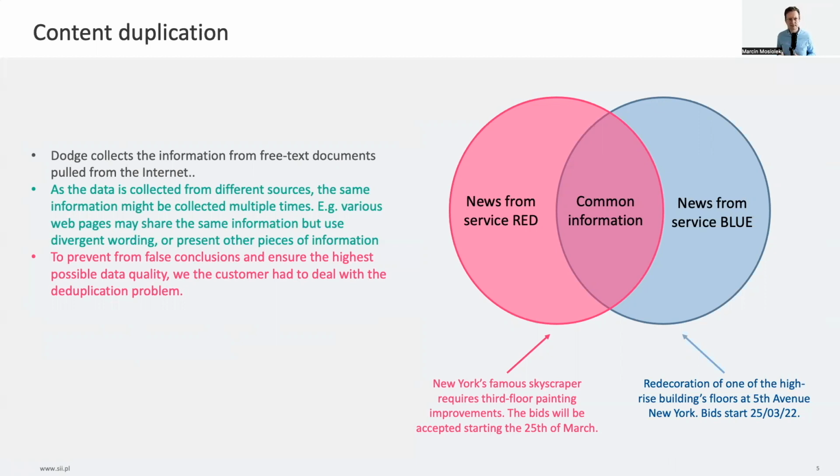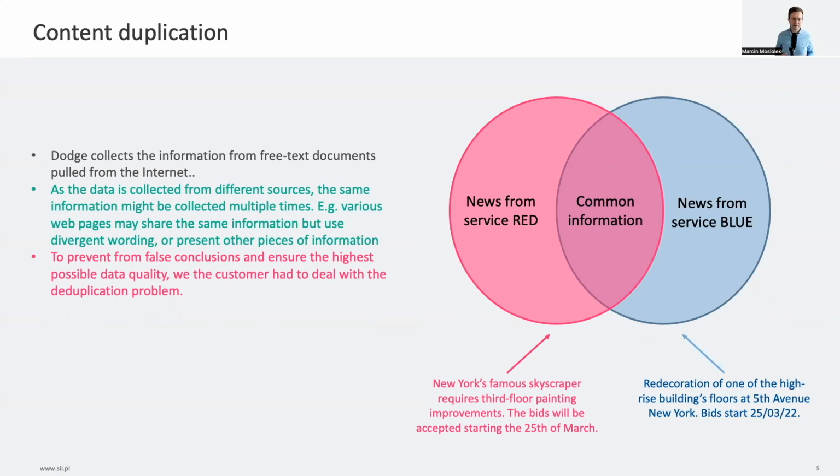And the other sentence is, "Redecoration of one of the high-rise buildings floors at 5th Avenue, New York, bids start 25/03/22." As you can see, there is a lot of commonality between those two messages, but they don't correspond to each other 100%, as they use different wording and provide various granularity of information.